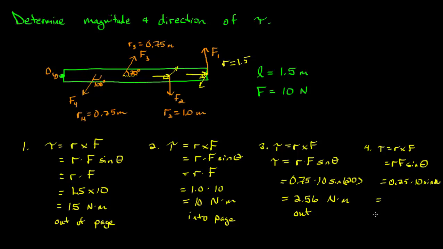And that's going to be 2.46. And since this will cause a rotation this way, then it's going to be into the page. Okay. And I think I'll stop there.